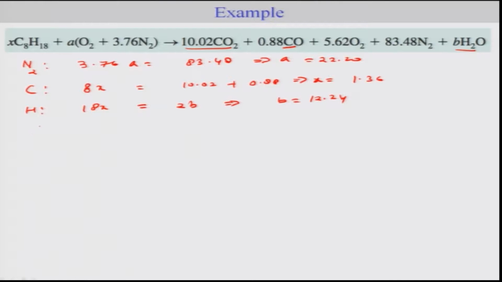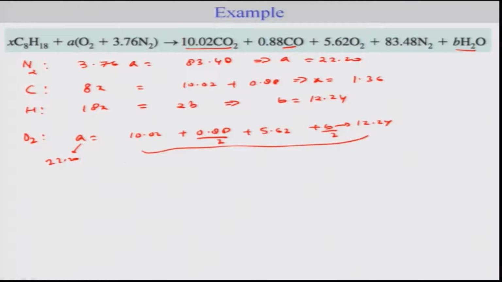Okay, now at this point you have all the values of A, X, and B. You can also verify whether this is correct by doing an analysis on O2. O2 is A, which should be equal to 10.02 plus 0.88 divided by 2 plus 5.62 plus B by 2, and indeed this is your 22.20, this is your 12.24.